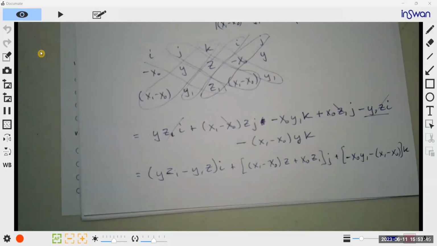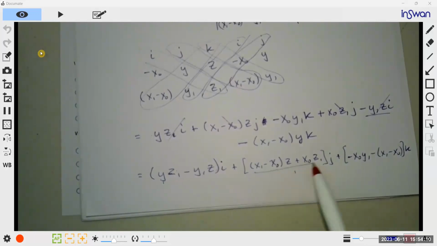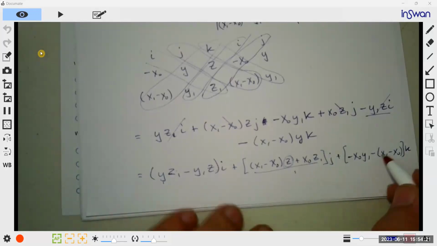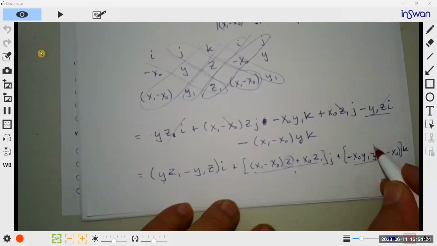Right, so which ones of those do we use? We're solving for y and z. We can't use the i component because it has both a y and a z. We use the j component because it only has the z, which we have to look for. And we use the k component because it has a y right there.